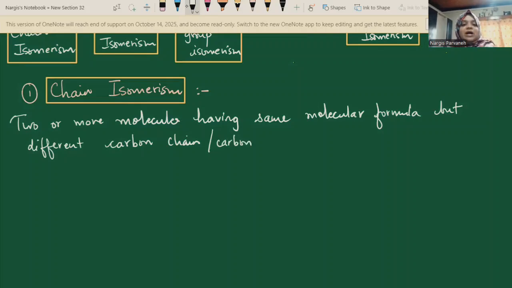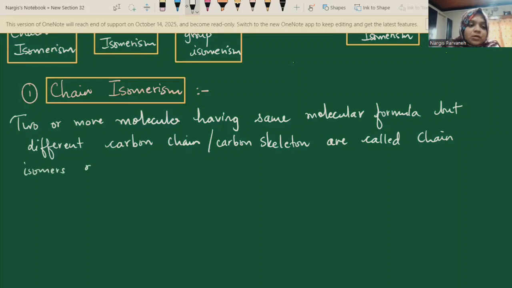The meaning of both is the same. So two or more molecules that have the same molecular formula but different carbon chain or carbon skeleton are called chain isomers of each other. The phenomenon is called chain isomerism.